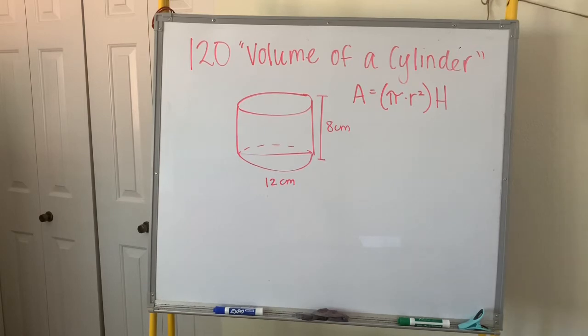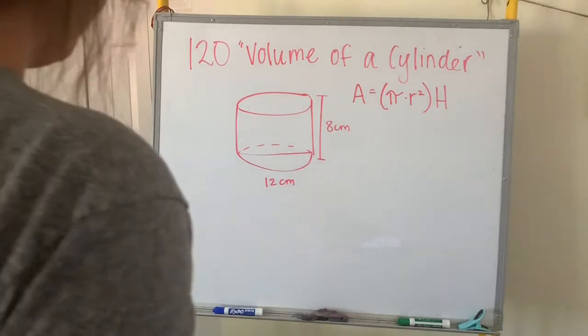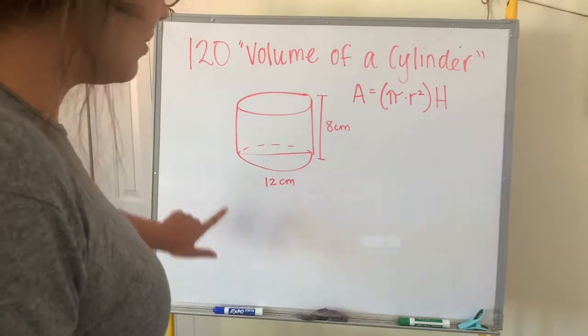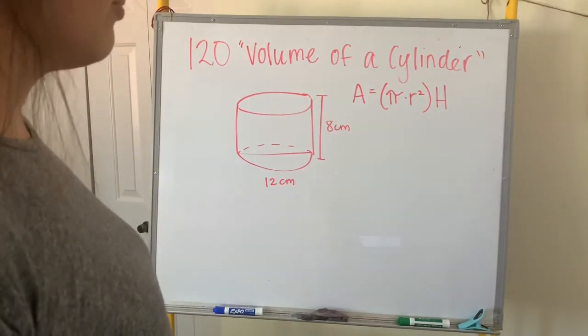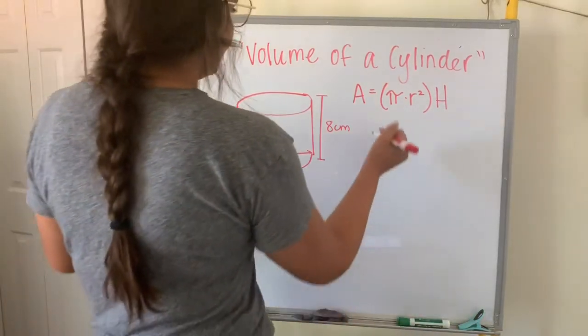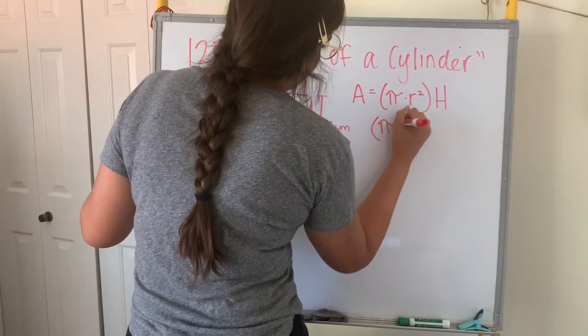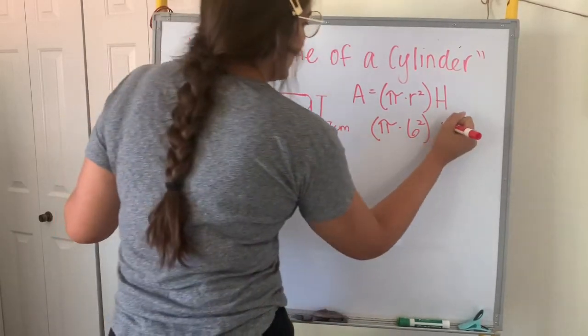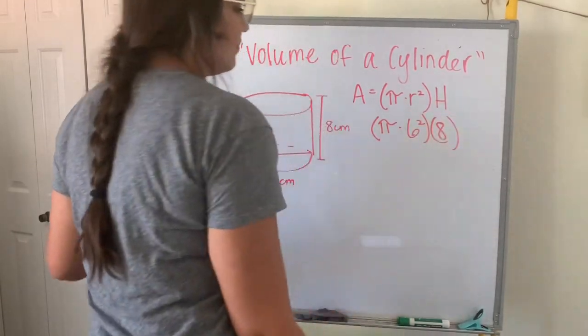Now, let's plug in what we know. The radius? Well, I have a diameter of 12 centimeters, so the radius is half of that. And the height is 8 centimeters.